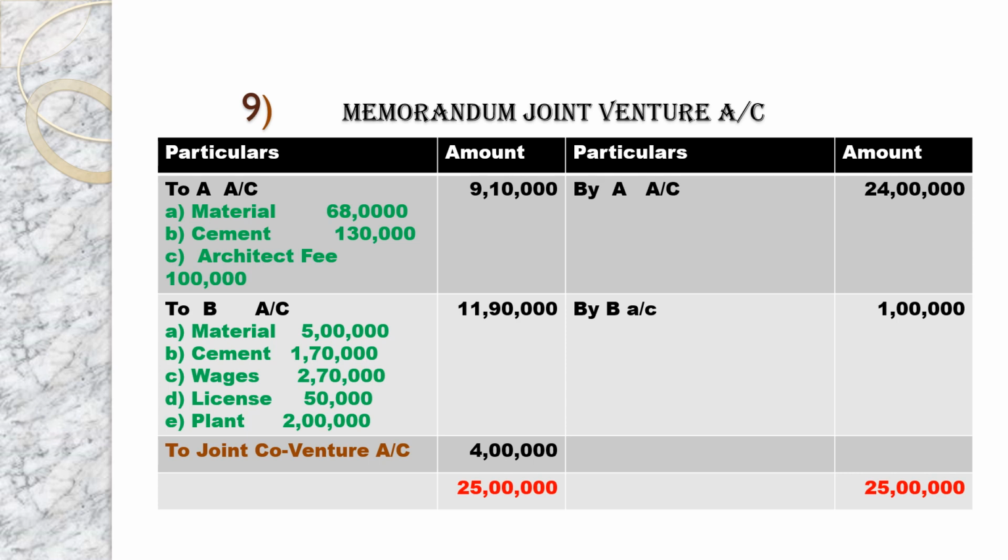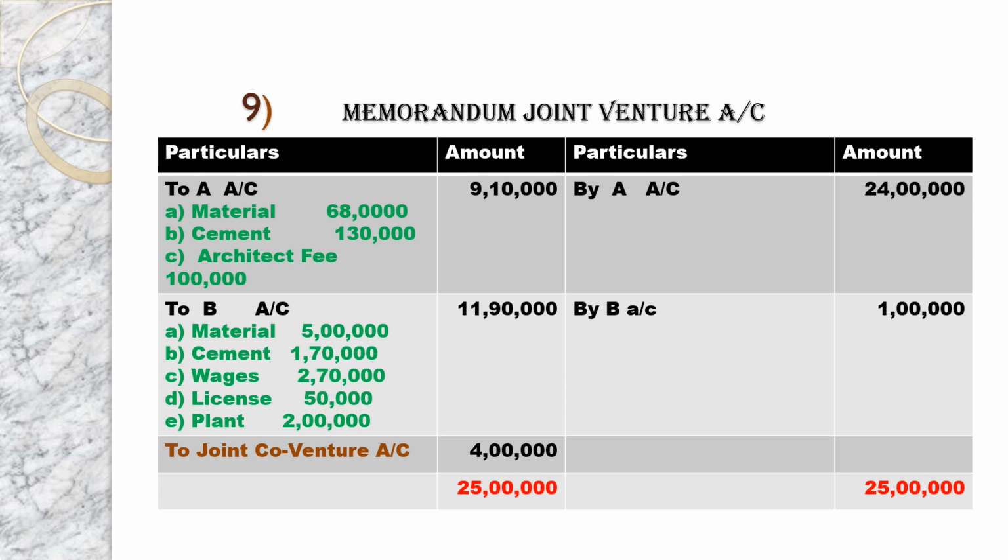Next you write to B account. Materials purchased by B 5 lakh, cement purchased by B 1,70,000, wages paid by B 2,70,000, license paid by B 50,000, plant purchased by B 2 lakh. So all these 5 expenses are paid by B debit side.